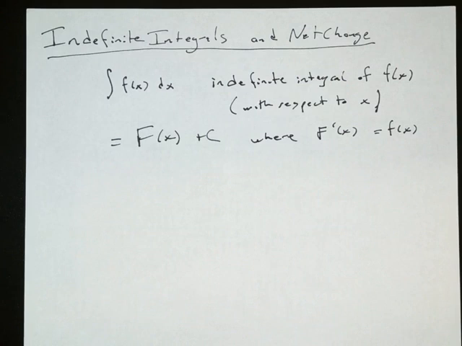That's why there's a plus c on the end there. I don't know which antiderivative I'm using. There's no extra condition created here. This is the general antiderivative. But that means all of the stuff we did where we figured out antiderivatives at the end of chapter 4 can now be written in these terms.